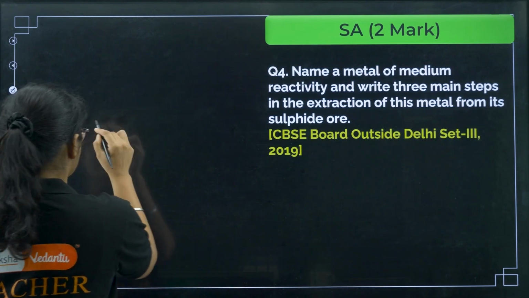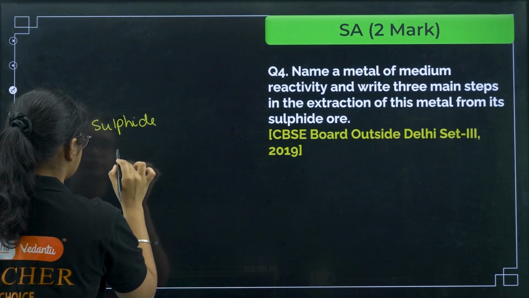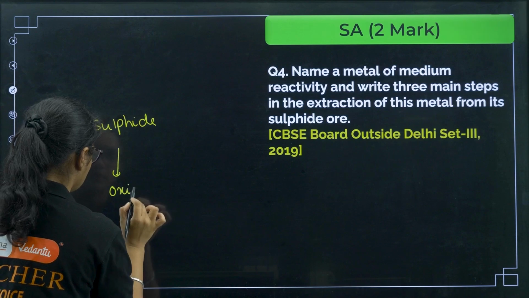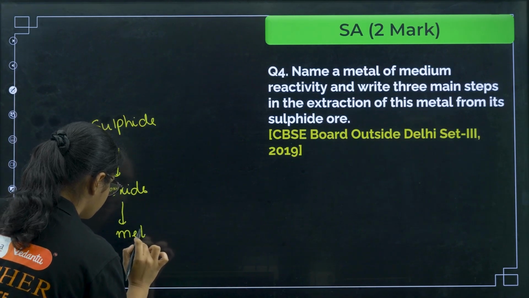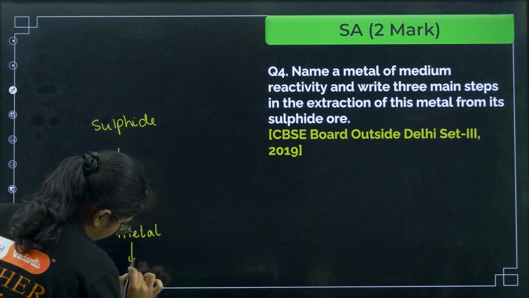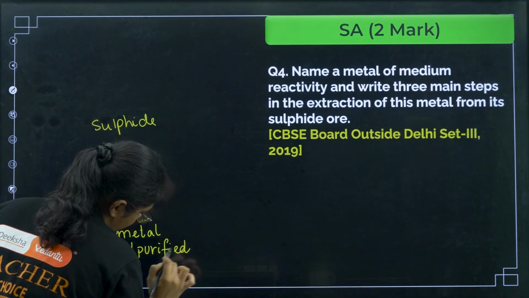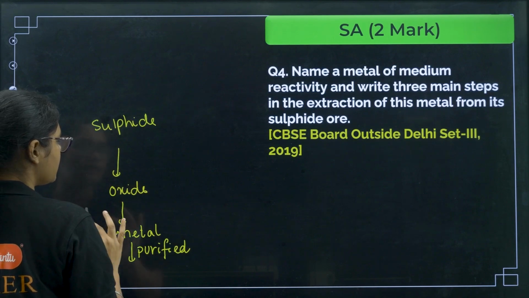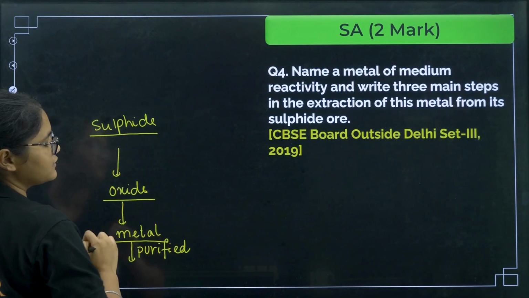Okay, so always remember, if it is sulfide ore, first it should be converted to oxide. Then it should be reduced to get the metal, and then it should be purified. Okay, clear? So sulfide to oxide to metal. Sulfide to oxide, what will happen?